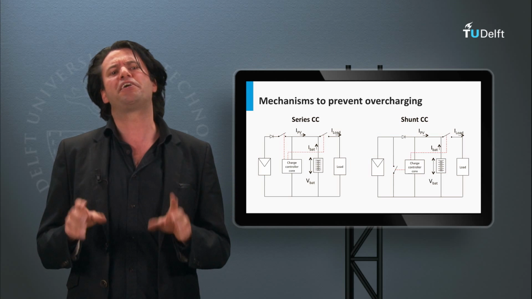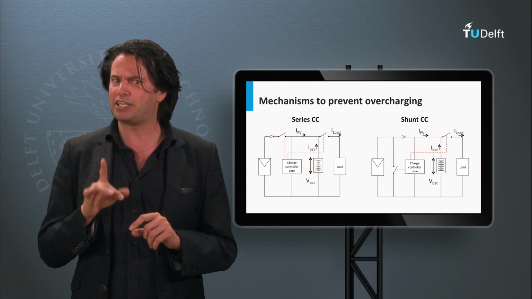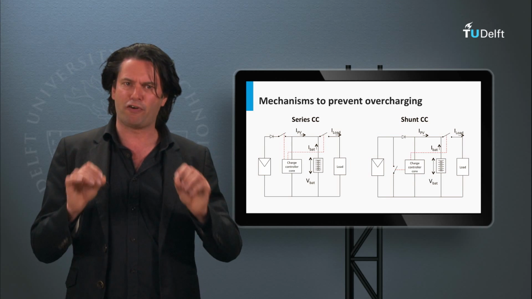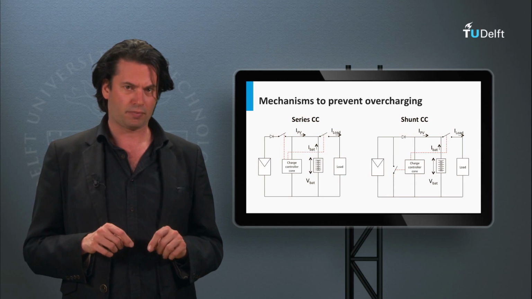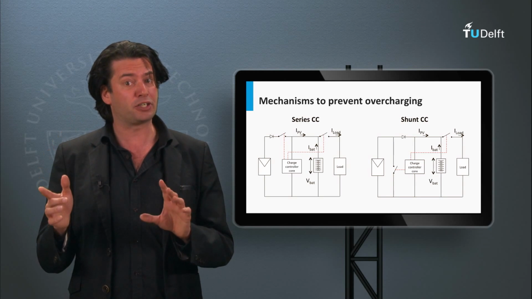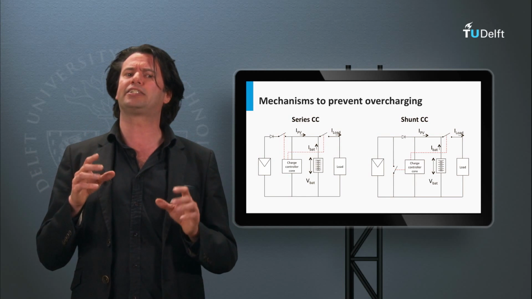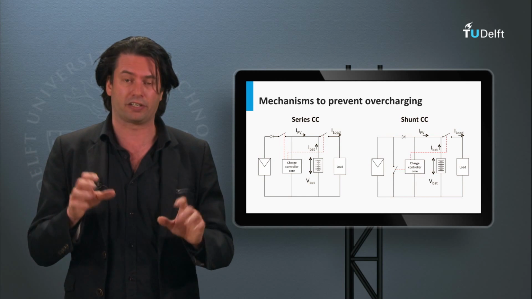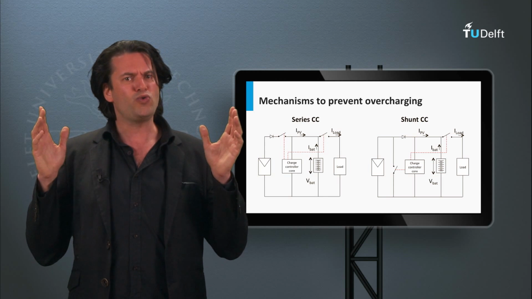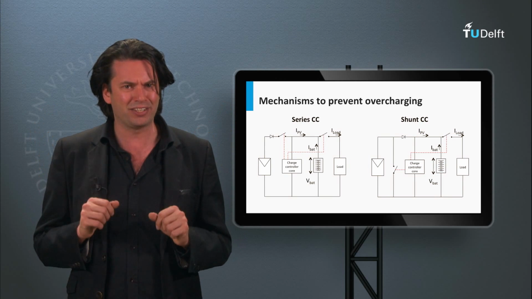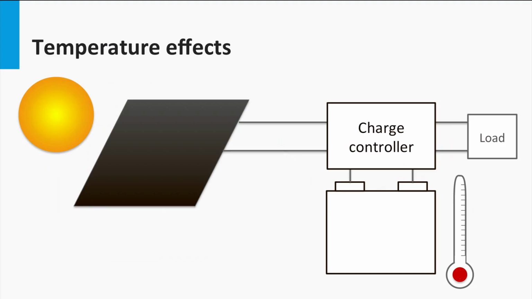We have seen in the previous block how the temperature plays a crucial role in the functioning of the battery. Not only does temperature affect the lifespan of the battery, but it also changes its electrical parameters significantly. How does the charge controller handle this situation? A good charge controller these days comes with an inbuilt temperature sensor.